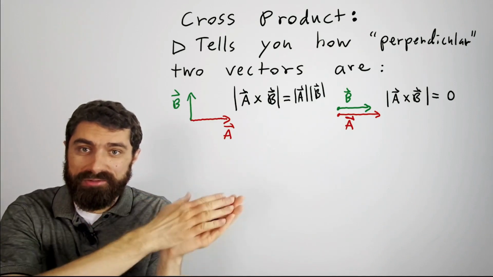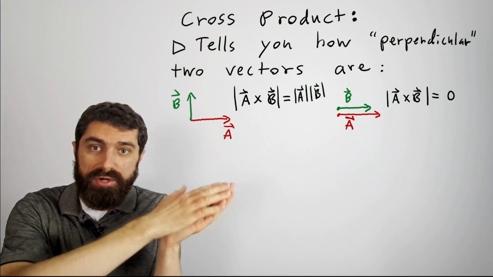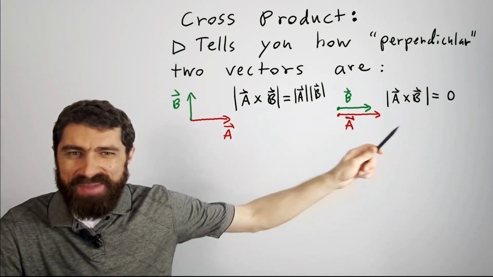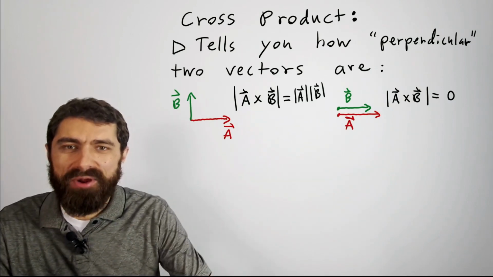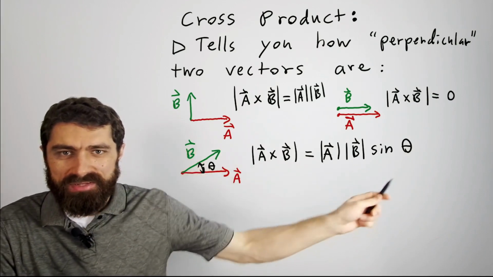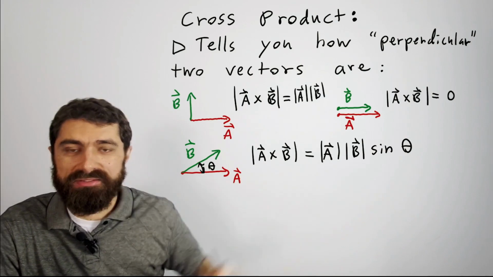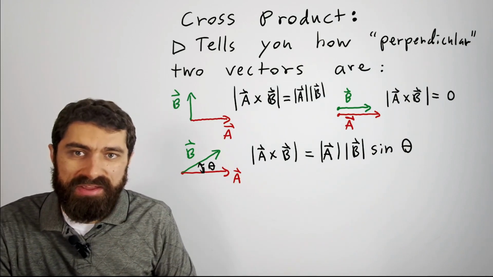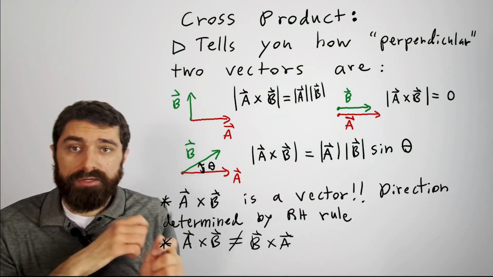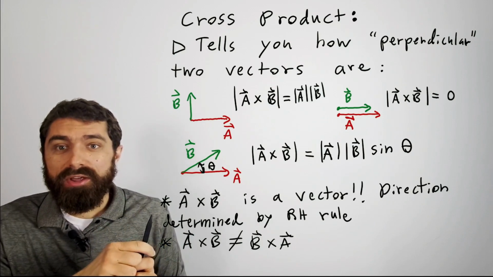If, however, two vectors are completely aligned, the least perpendicular they could be, then the magnitude is going to be 0. And for something in between, if there's an angle between them, you multiply by the sine of theta.